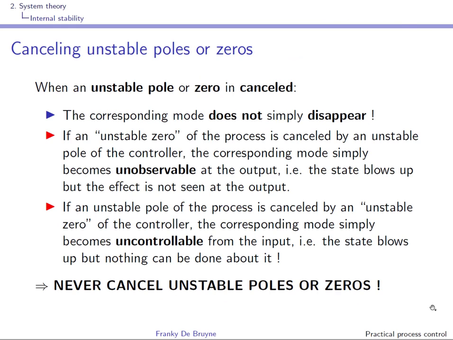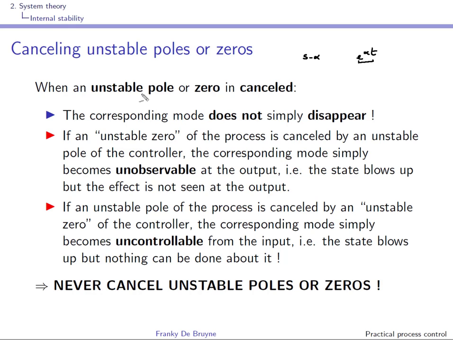When a pole or zero is cancelled, the associated mode, which is exponential of alpha t, will not disappear. This is not problematic if the cancelled pole or zero is to the left of the imaginary axis, because this will go to zero.